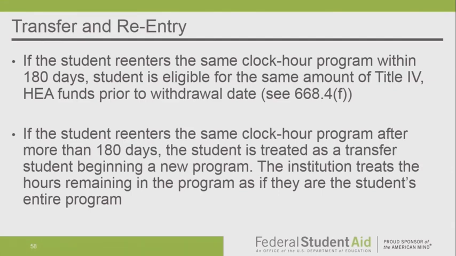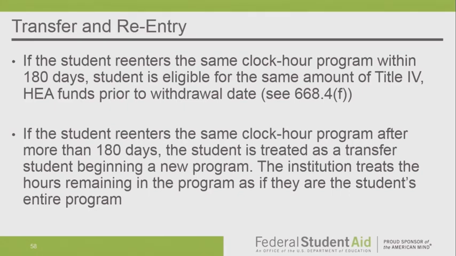In some cases, a student may leave and then come back in the same period. Don't you just love that? Well, if they re-enter during the same clock hour program within 180 days, the student is eligible for the same amount of money as prior to the withdrawal date. You basically undo everything and the student gets that same money.